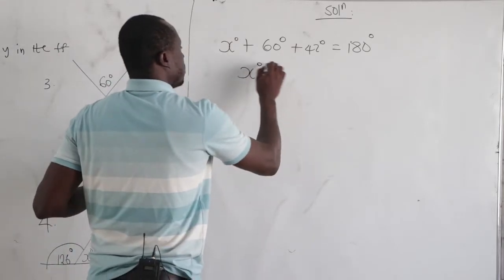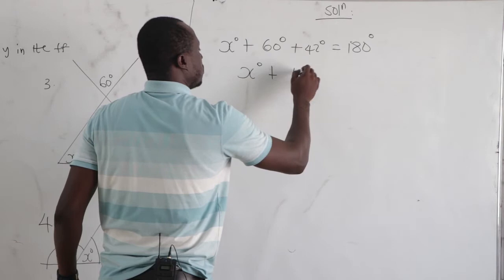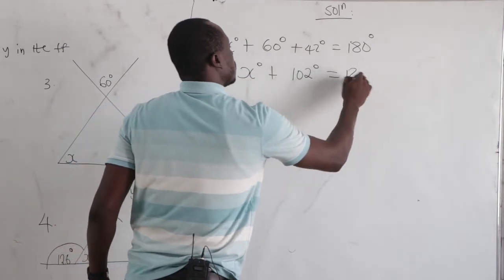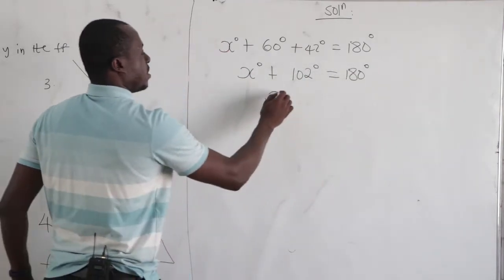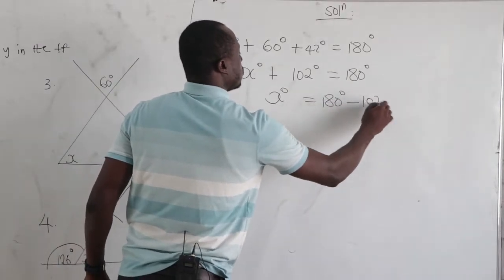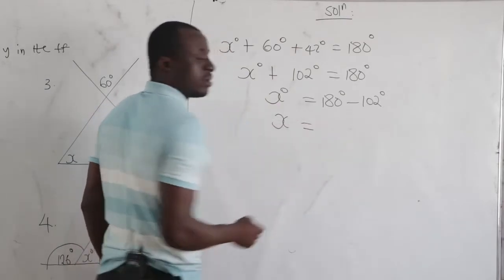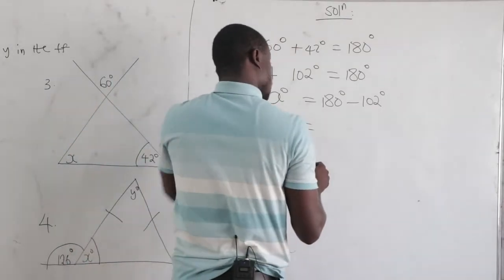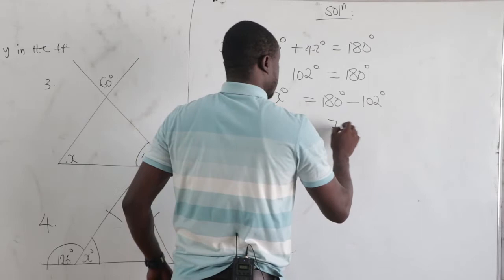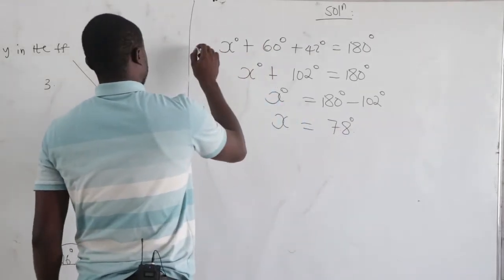Now 60 plus 42 is 102 degrees, equal to 180 degrees. We want to find x degrees, so you have 180 degrees minus 102 degrees. This is giving us 78 degrees. So that's question number 3.